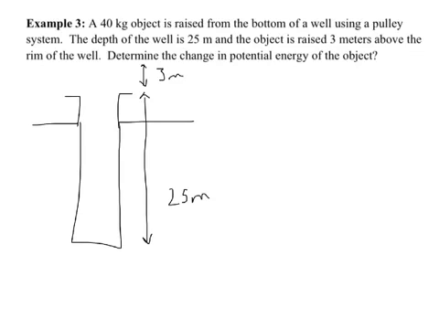So again, ground level may indeed be right here and here, but that has no effect on the problem. We'll consider this to be our ground level, or relative point we will move from. If this is ground level, then we move up 25 meters and another 3, which is a total of 28 meters.